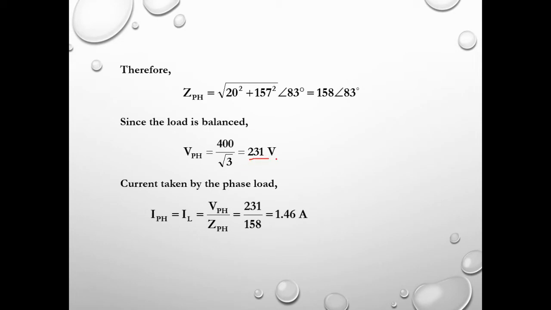Since the load is balanced, V phase equal to 400 over square root 3, which gives us 231 volts. The current taken by the phase load, I phase equal to I line, is equal to V phase over Z, according to Ohm's law. Taking the value of 231 divided by 158, the magnitude of the phase impedance, we finally get the line current, or the phase current, equal to 1.46 ampere.